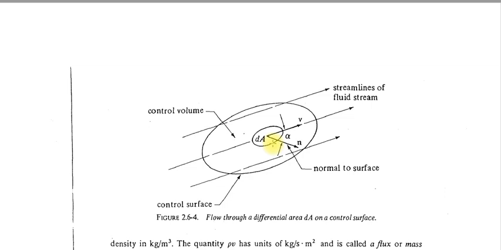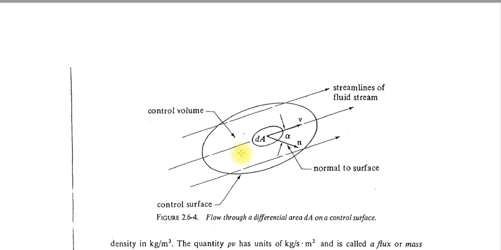So the shape of the control volume is fixed and the size is fixed. The next thing, we have assumed that the control volume is fixed in space. So the control volume is not moving, only the fluid is moving. And then we have done the material balance and momentum balance. In this book they have derived the same equation using a different mathematical approach. So here they basically use an irregular shape control volume.